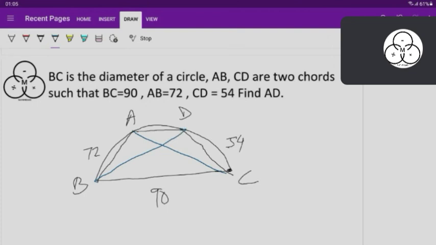How do you get the diagonals? Since BC is the diameter of a circle, what comment can we make about this angle? Isn't this a right angle? This was done in circles, I guess, or any other previous chapter. Angle BAC equals angle BDC equals 90 degrees.